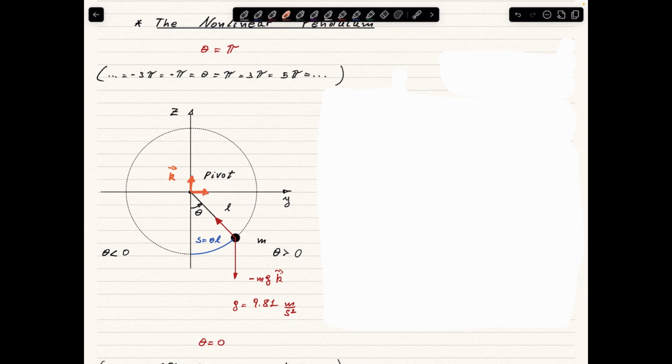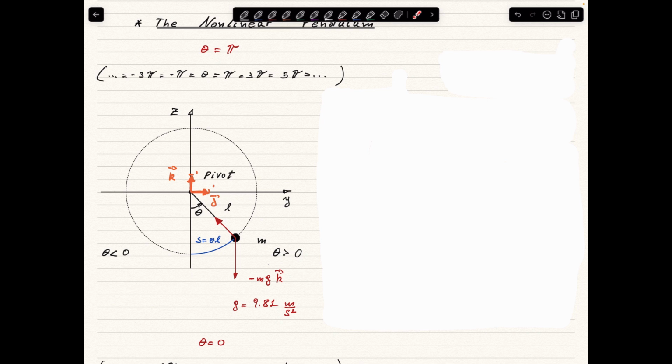These are unit vectors, each of length 1. Using these unit vectors, we can write the force of gravity acting on the object of mass m. Because it's pointing downwards and k points upward, it is negative k times the mass times the acceleration of gravity. The acceleration of gravity is around 10 meters per second squared.